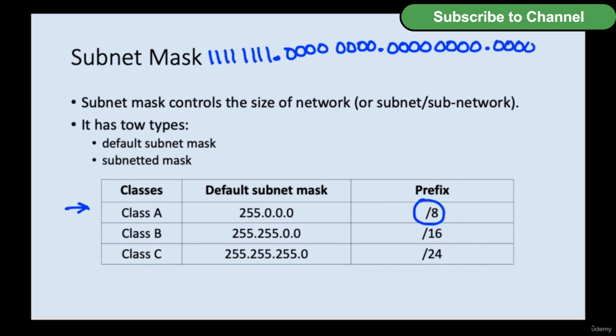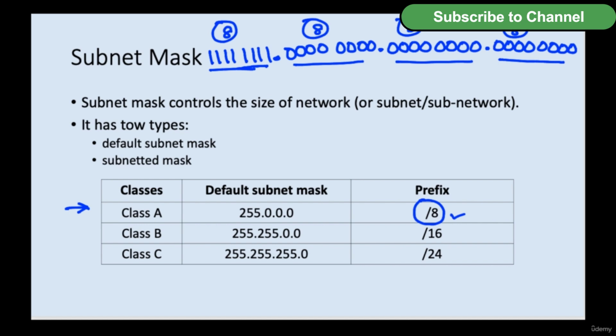So this is the conversion of subnet mask 255.0.0.0. These are 8 binary values, 8 binary values, 8 binary values, and 8 binary values. If you count the number of ones in it, they are 8 binary ones. That is why we write it in prefix notation as /8.